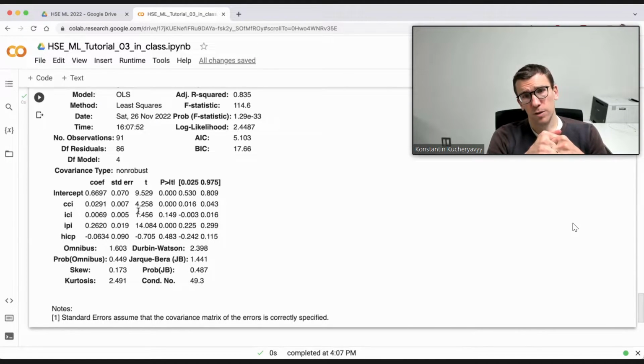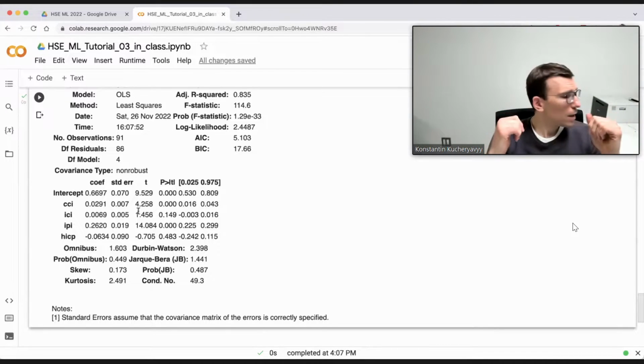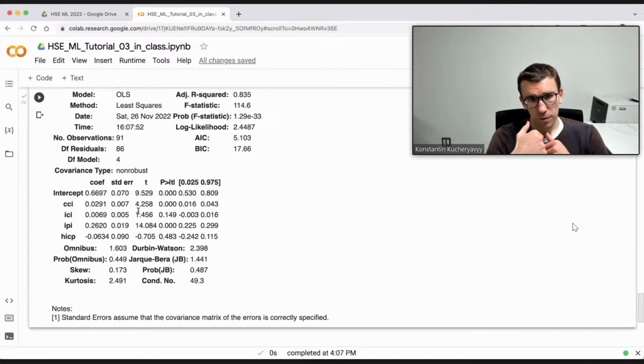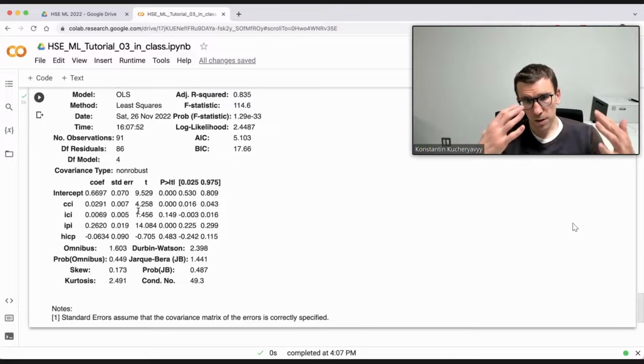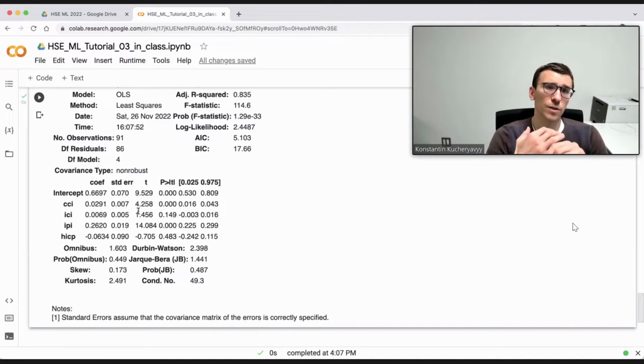This is the big conceptual point of selecting between models. Looking at residuals can give you an idea if the model is too bad. If you see some structure in the residuals, then perhaps this is not the right model.